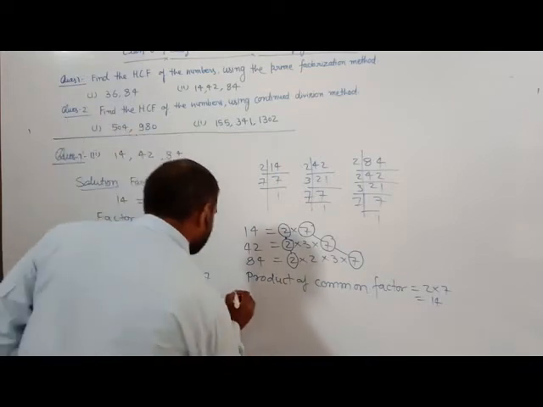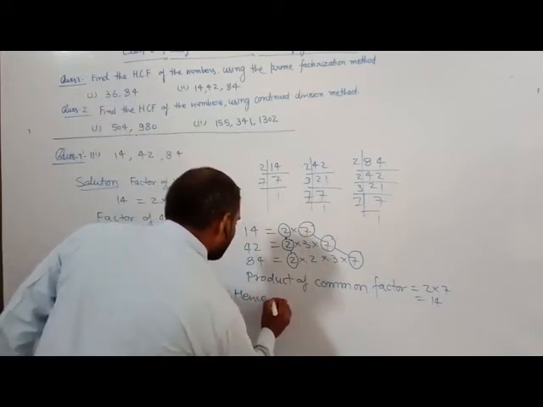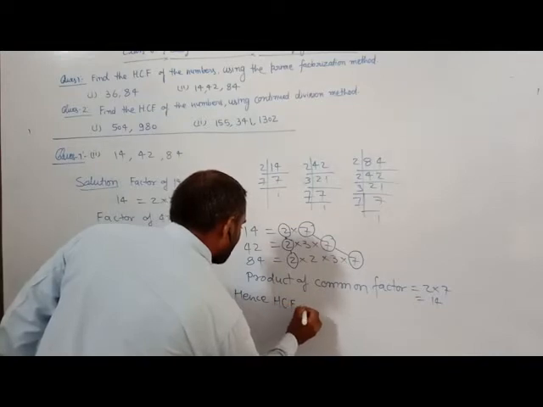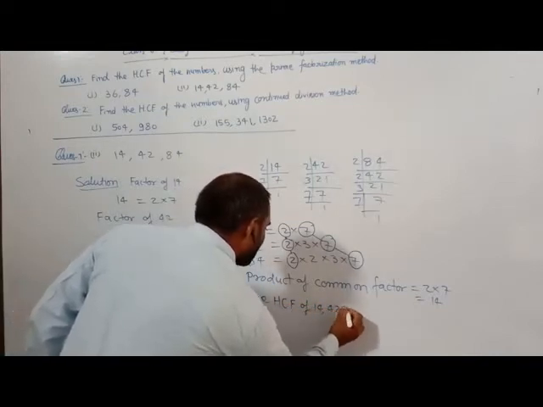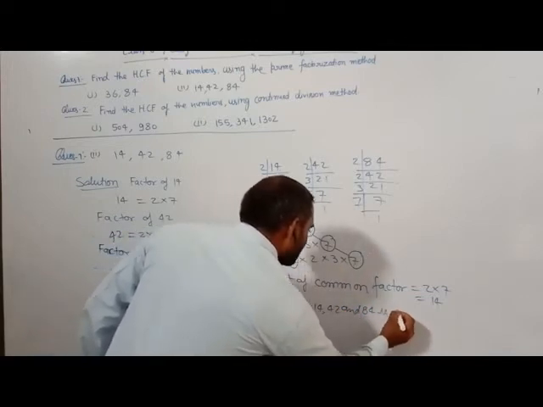So hence the HCF of 14, 42 and 84 is 14.